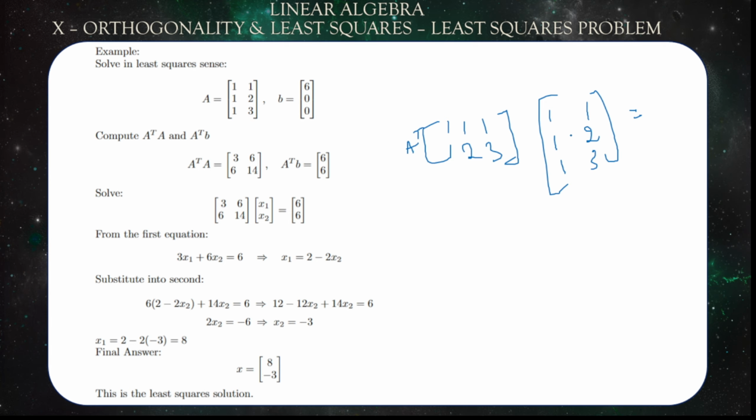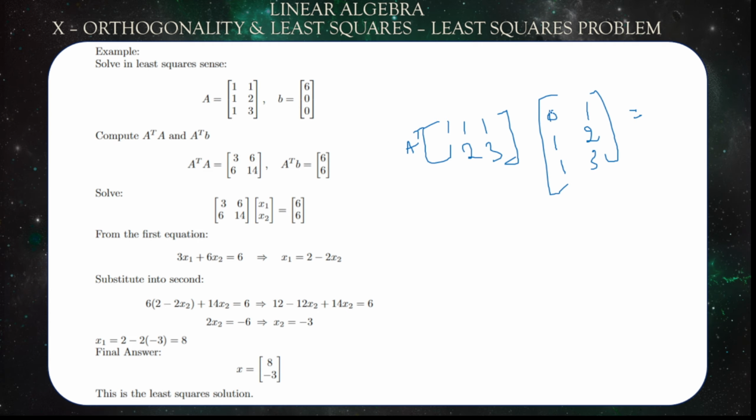By the way, notice that the product will have the number of rows of the first matrix and the number of columns of the second matrix, which is 2 by 2, which gives us 3, 6, 6, 14. This is the product. Why?